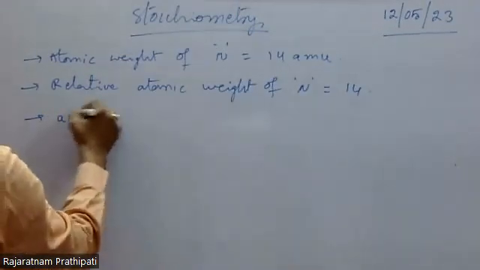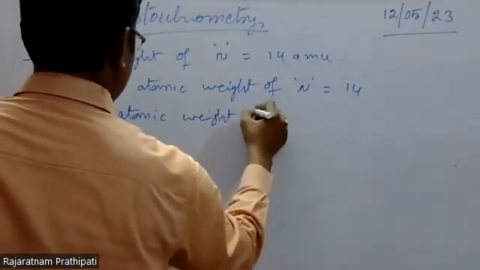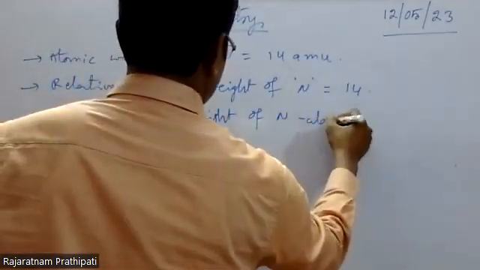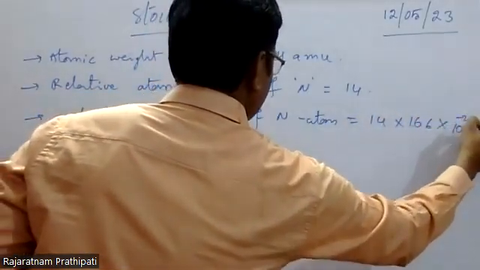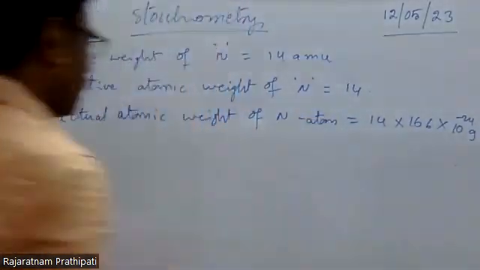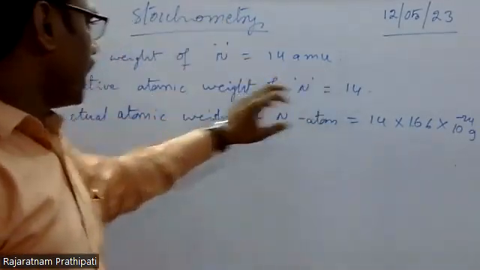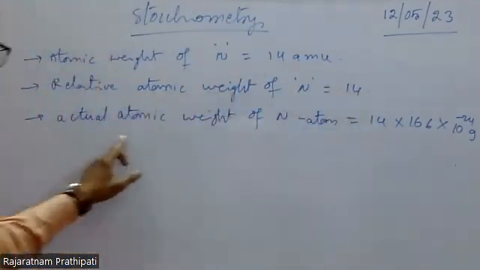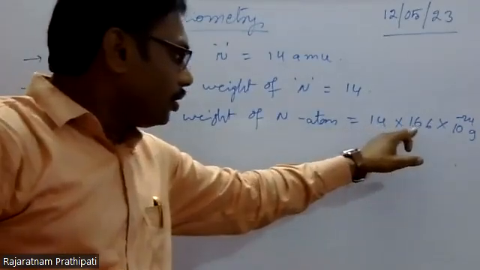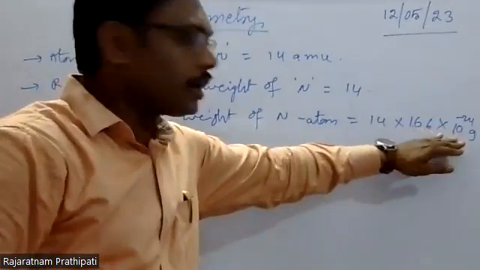Their actual atomic weight of a nitrogen atom is equal to 14 into 1.66 into 10 to the power minus 24 grams. Is it clear? Atomic weight of nitrogen, 14 AMU. Relative atomic weight of nitrogen, 14. The actual atomic weight of nitrogen is 14 into the AMU value. Actual mass means you should consider that in grams.